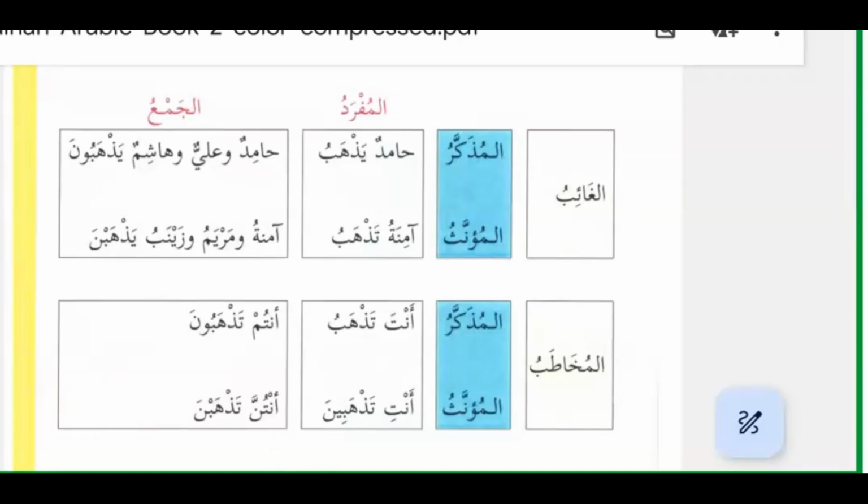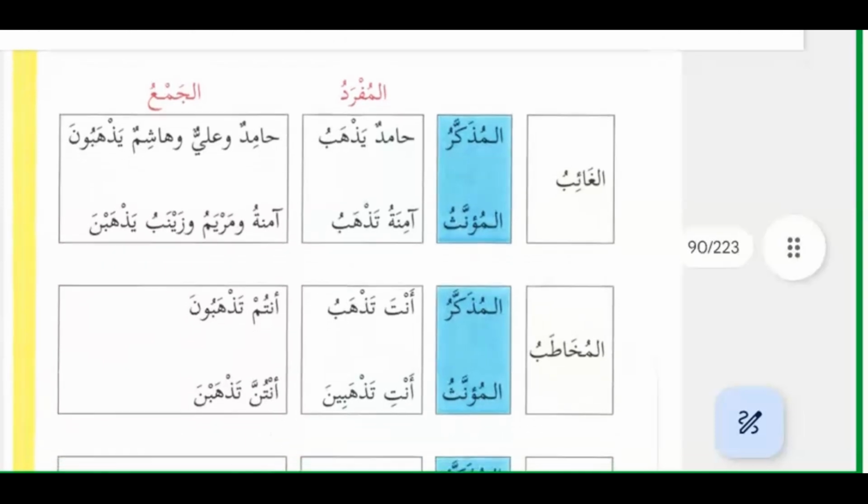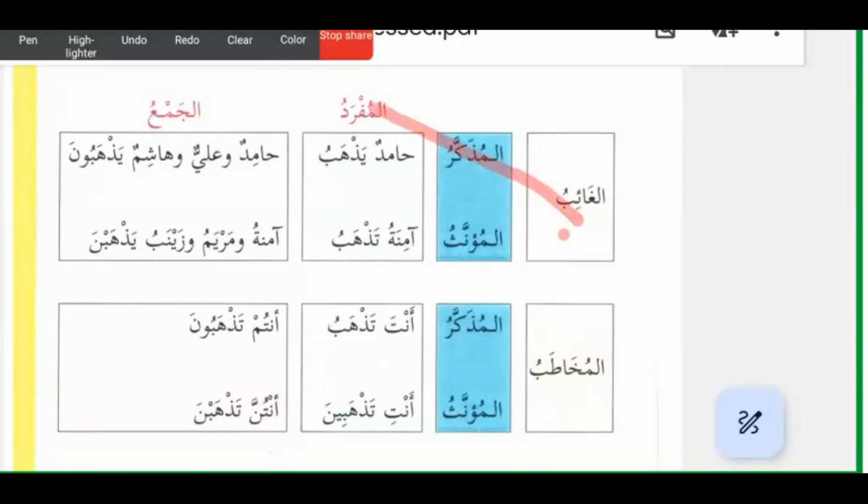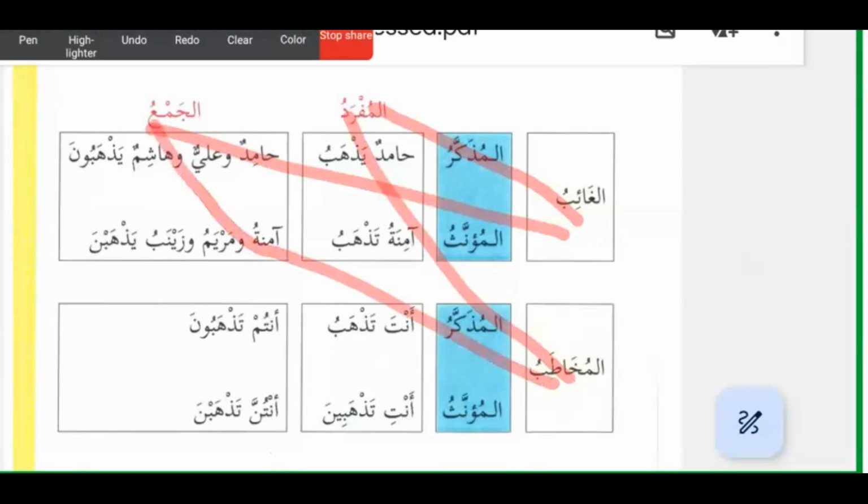So there will be combinations, like a Punnett square or chi-square where we multiply: the ghaib will have a mufrad and a jam', likewise a mukhatab will have a mufrad and a jam', and mutakallim will follow the same.